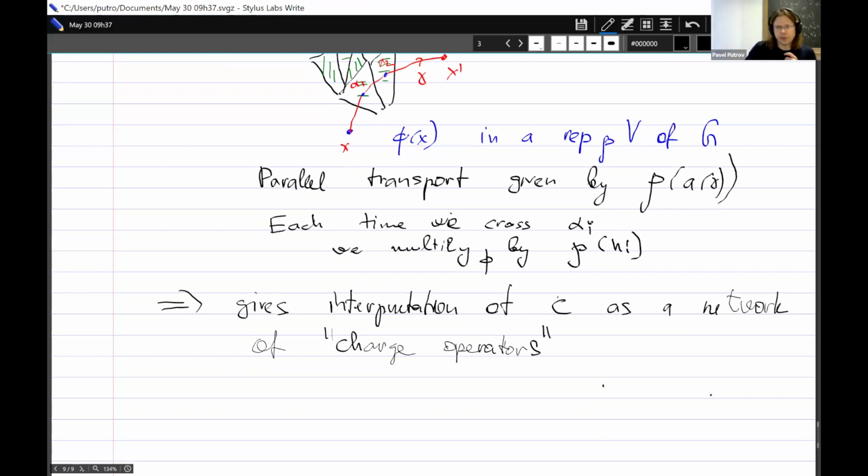And those who are following this generalized symmetry story have probably heard that these charge operators are essentially the same as topological defects in general.